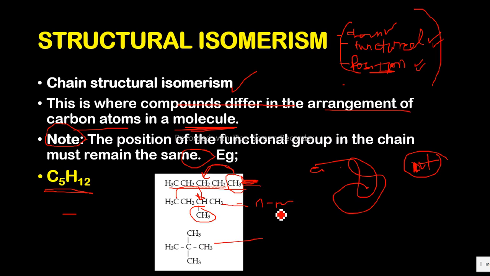Because they have the same molecular formula but totally different structures, that is isomerism. And because the difference is just in the carbon chain, the carbon skeleton, that becomes chain isomerism.